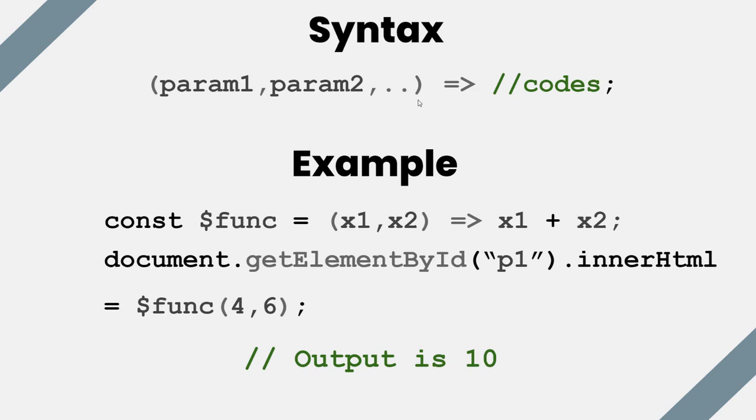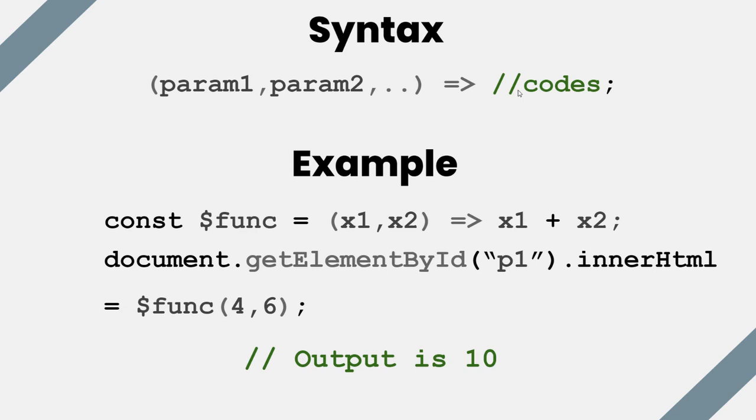Now this arrow is formed by a combination of the equals to sign and the greater than sign. So putting it together will give you a kind of arrow pointing to your right. And so in my own understanding, I can say that it's actually pointing to the code. That's where you would have your code. That's why you see it point to this particular code here.